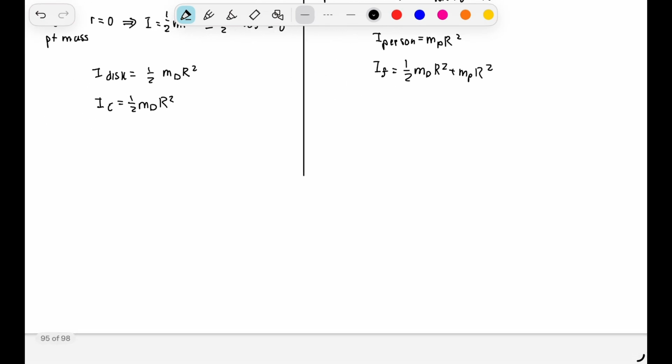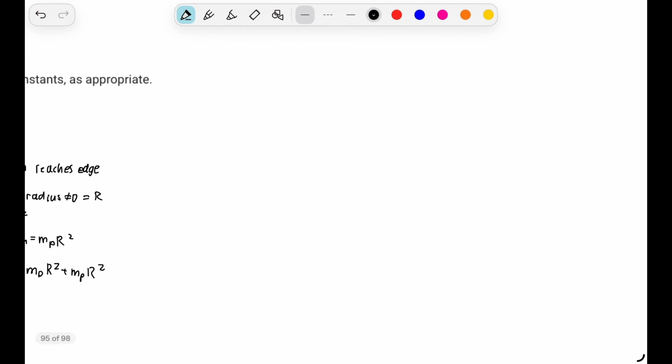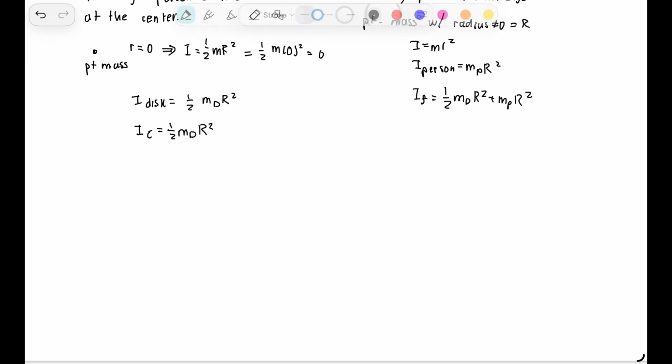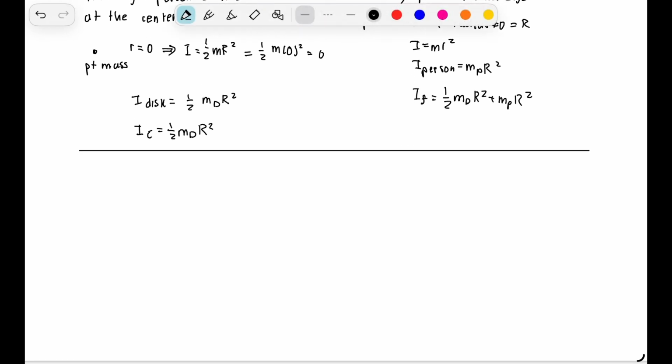So now you can set these equal to each other with conservation. We have our principle up there, and we'll continue that over here. So we have 1/2 mdr squared omega initial, which was our I initial, is equal to 1/2 mdr squared plus mpr squared times omega f.